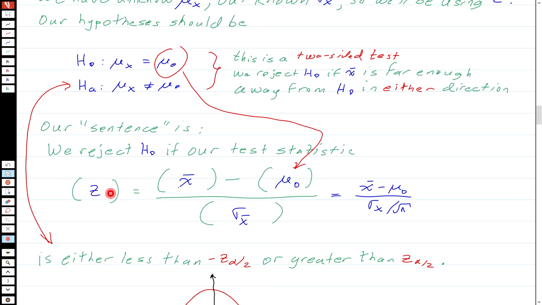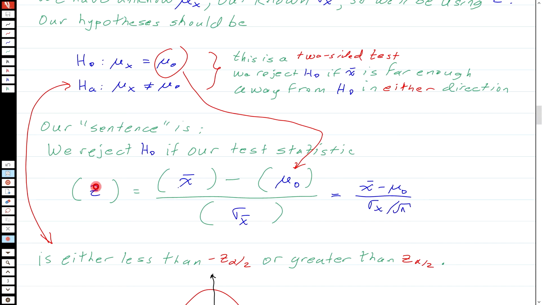And the something on the left-hand side we now know is z because we've got a test on the mean with sigma known. And on the right-hand side, the first something is the estimate of mu x, which is x bar. The second something is the mean of this estimate according to H naught, which is mu naught. And underneath, we've got the standard deviation of x bar, which we know is sigma x over root n.